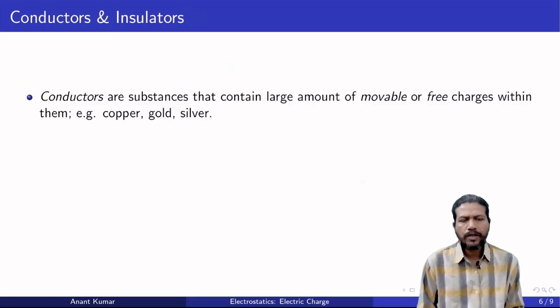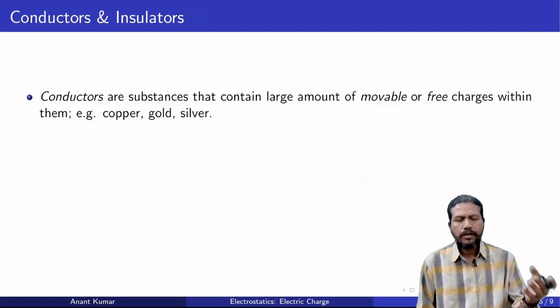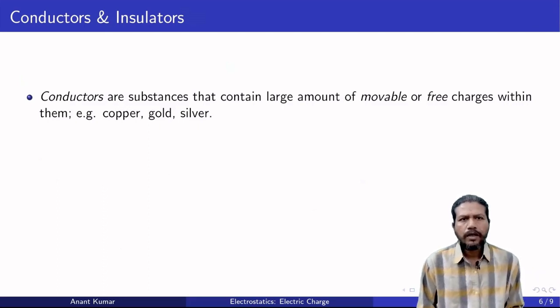Metals, for example, like copper, every copper atom will basically give 1 electron, and that electron can become free and move in the lattice without much resistance. And that is what we mean when we talk about a movable or free charge.